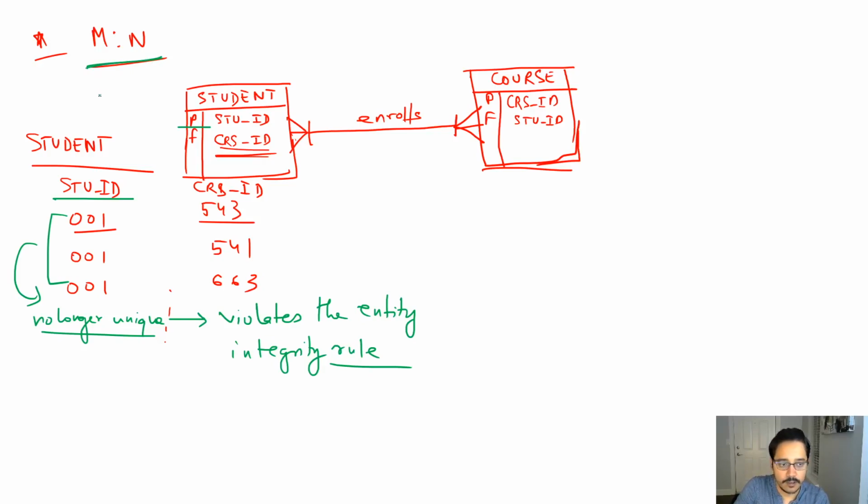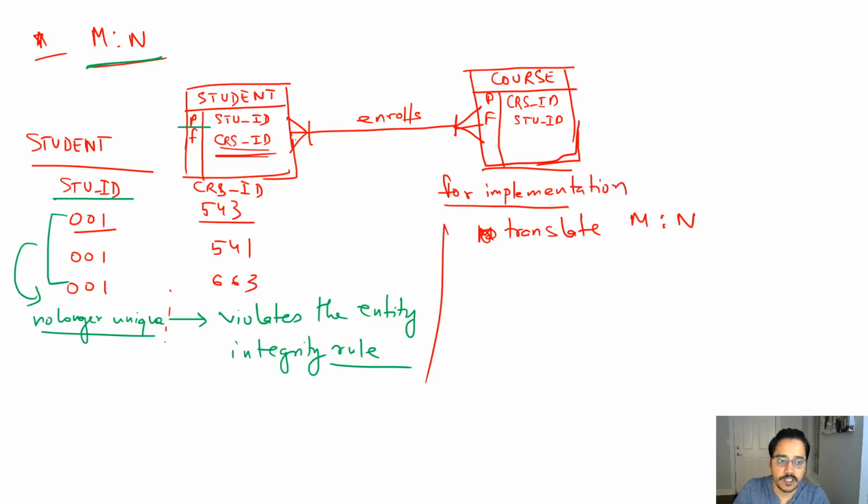So in order to implement M is to N, we translate M is to N when we want to implement. This is only for implementation purposes. Up until the logical representation, there is no issue with M is to N. It is understandable.